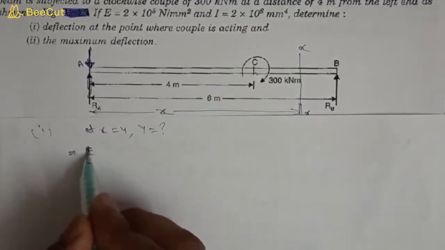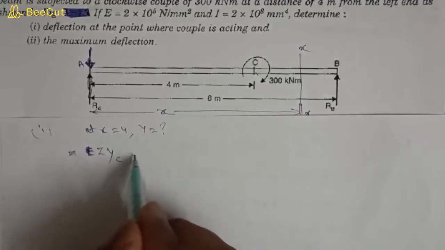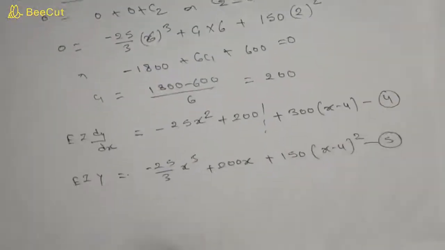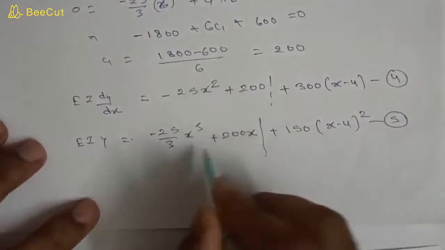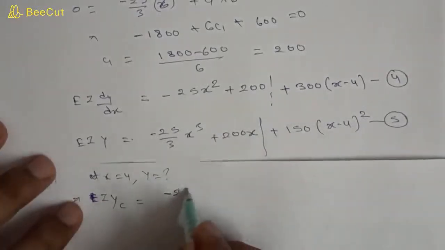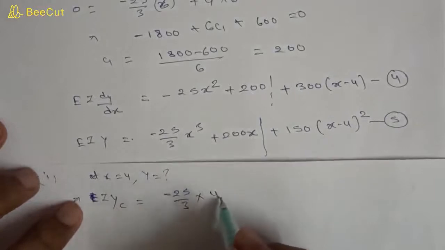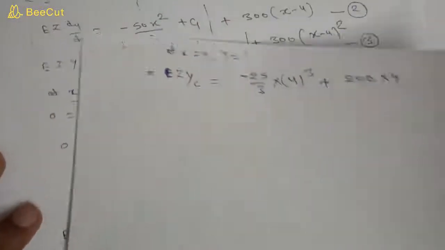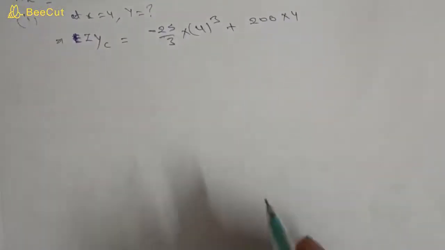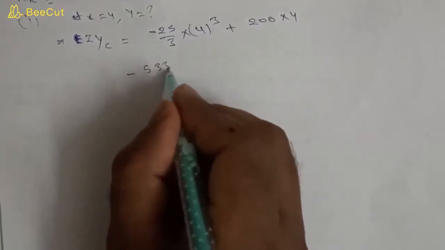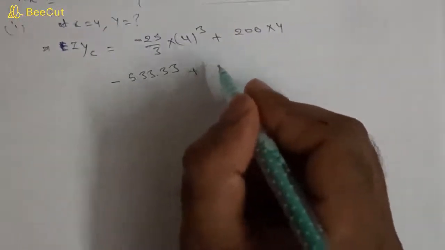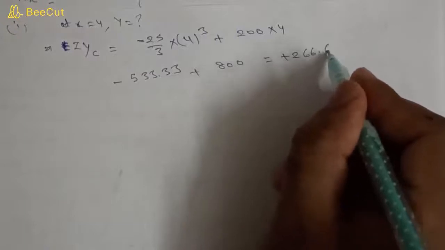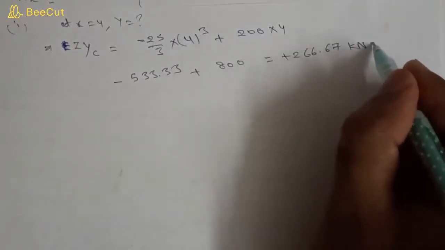So EIy at C is equal to, considering only the first section, minus 25 by 3 into 4 to the power cube plus 200 into 4. So it will become minus 533.33 plus 800, so it will be plus 266.67 kilonewton meter cube.